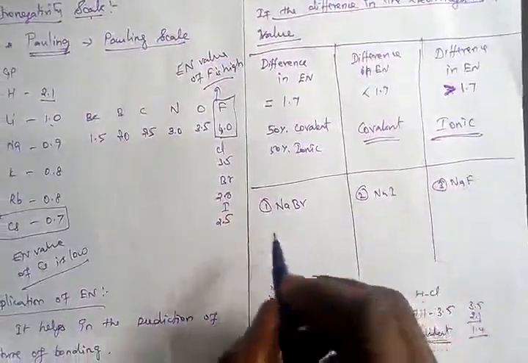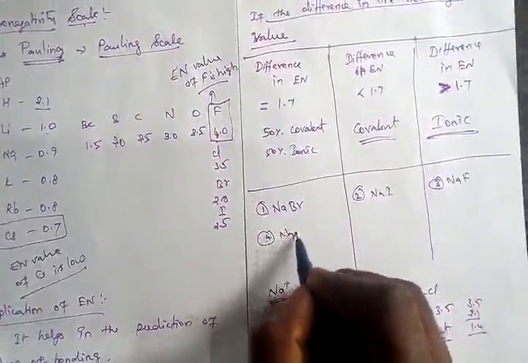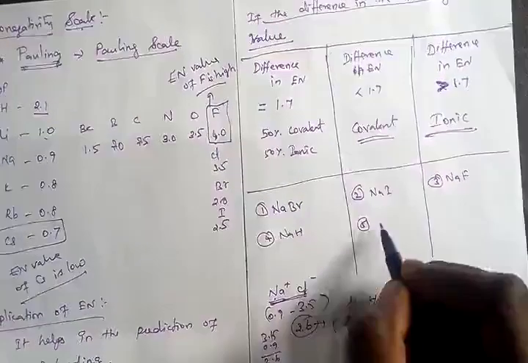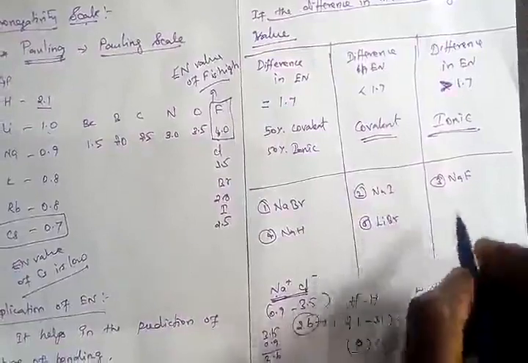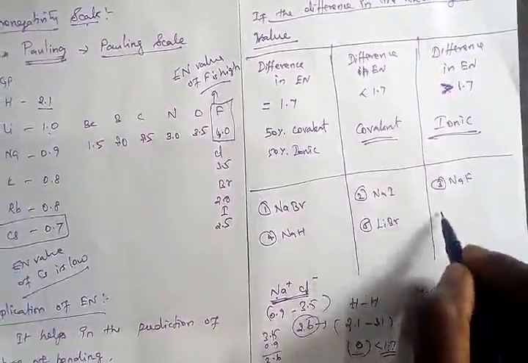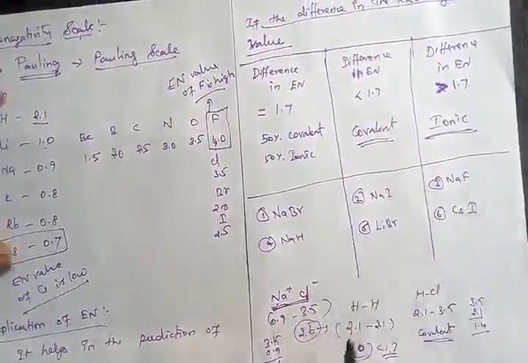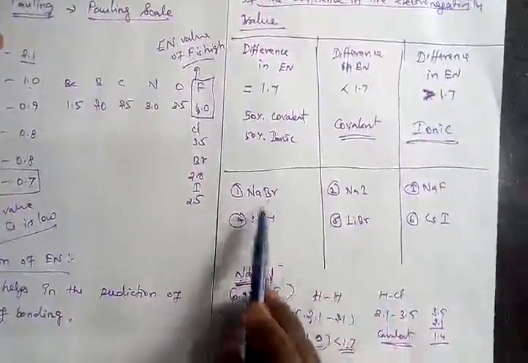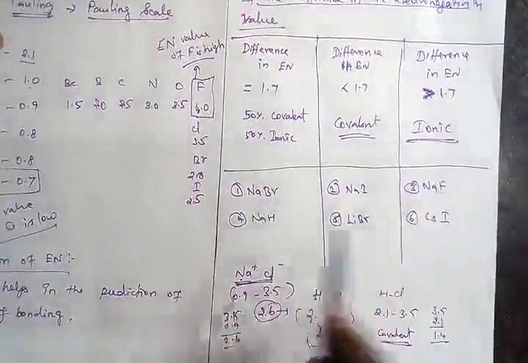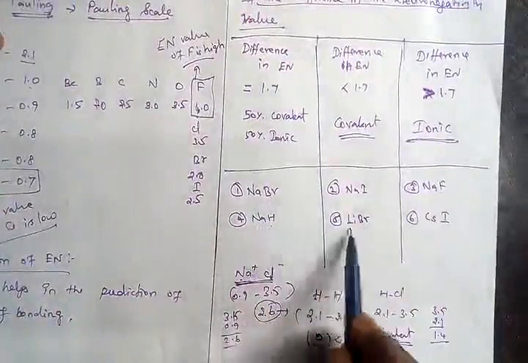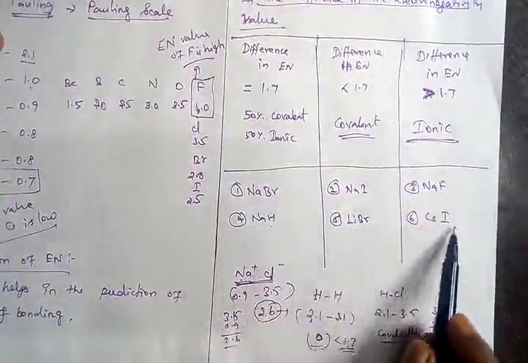The fourth one NaH. Fifth one LiBr, and sixth one cesium iodide. So you practice this sum, my dear children: NaBr, NaI, NaF, NaH, LiBr, cesium iodide.